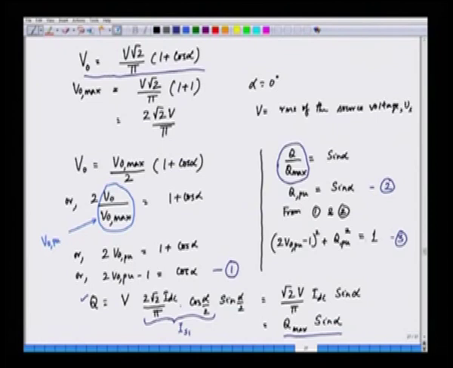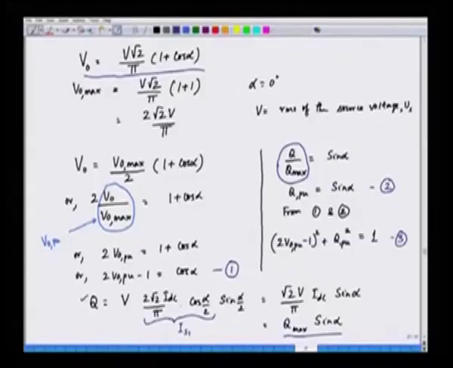Now, we get an equation which shows the variation of the reactive power with output voltage. It means as we go on changing the output voltage, the reactive power demand also changes. Now, this is an important equation.